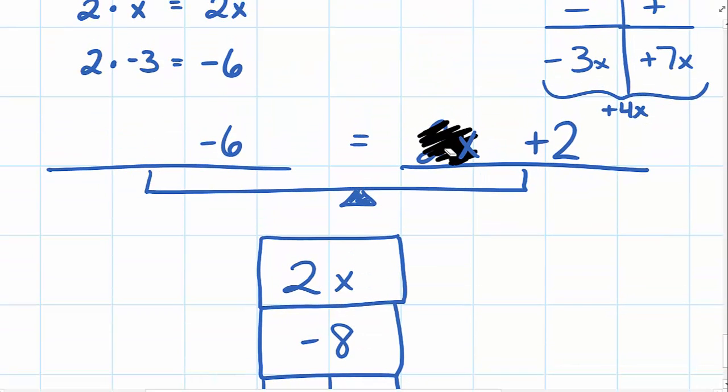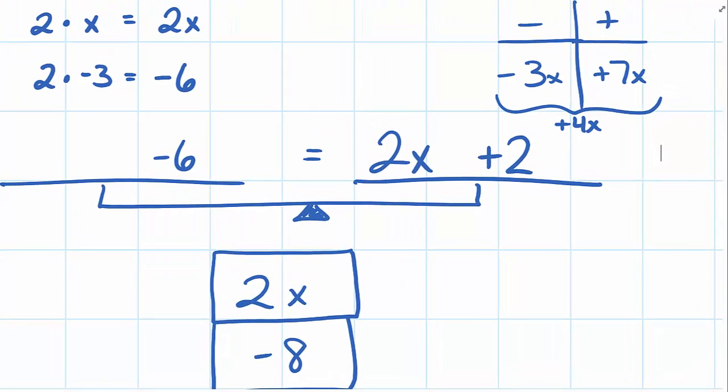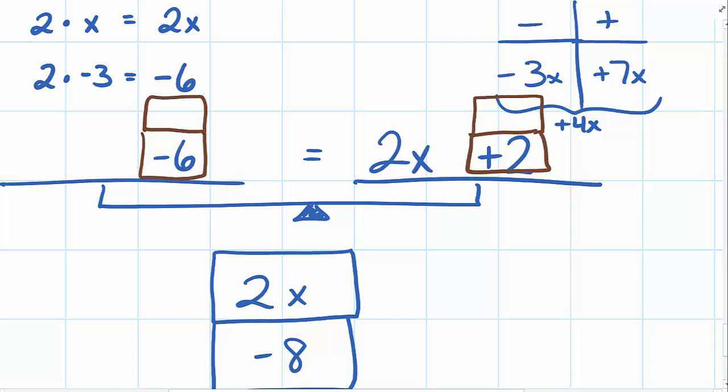Let me go back and erase that scribble and put my 2 back in there. And let's see if we can solve it a little different way. I have 2 positives here, and one of the things that I would do is say that we need to put on the exact same thing to both sides. And in this case, in order to get rid of positive 2, I've got to put on a negative 2.